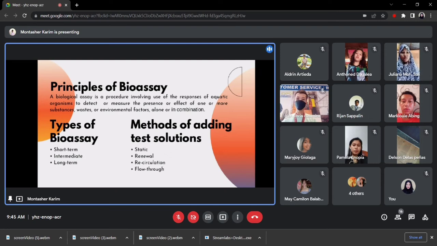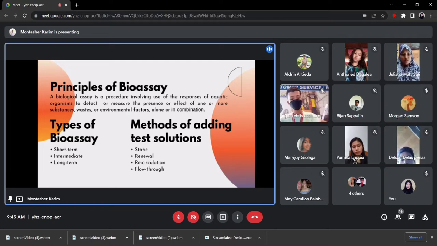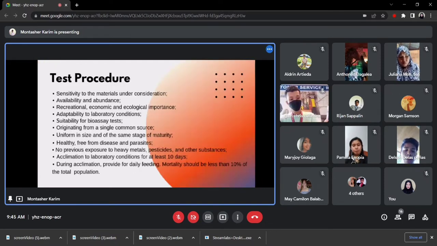It may be treated by aeration, filtration, and sterilization. Lastly, the flow-through: quantities of dilution water and the stock toxicant solution are mixed and delivered periodically through test containers to provide continuous flow through of the test toxicant.